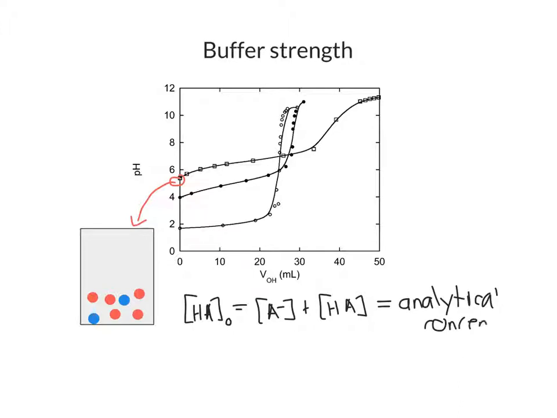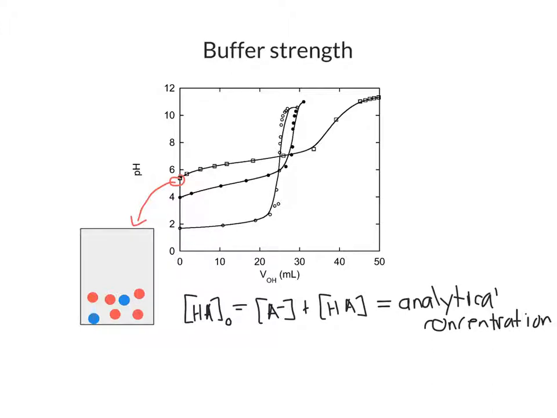So it's equal to the concentration of the acid form and the conjugate base form in the solution at whatever pH my buffer is buffered at.